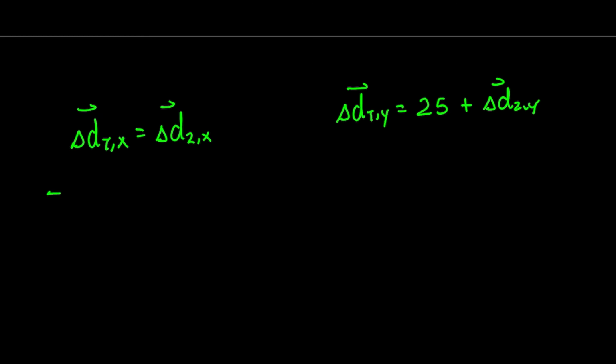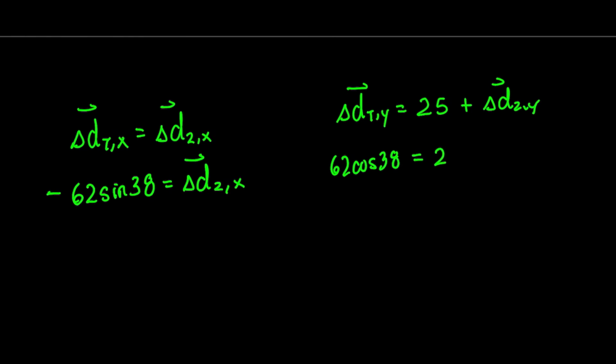Delta dtx was to the left, so we have negative 62 sine of 38 equals delta d2x. Delta dty was pointing up, so we take it as positive: 62 cosine 38 equals 25 plus delta d2y.